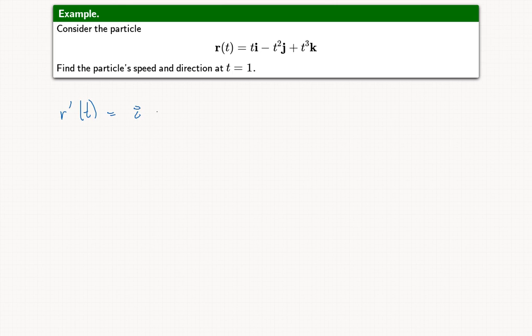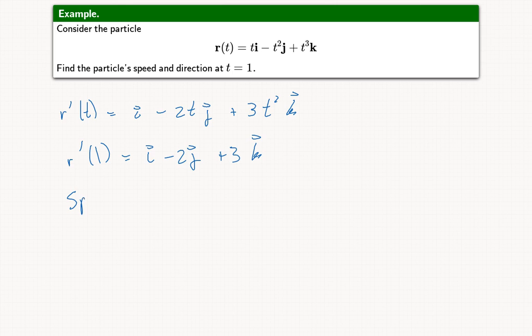That'll be i minus 2t j plus 3t squared k. Then we're interested specifically at the point r prime of 1, so that'll be i minus 2j plus 3k.